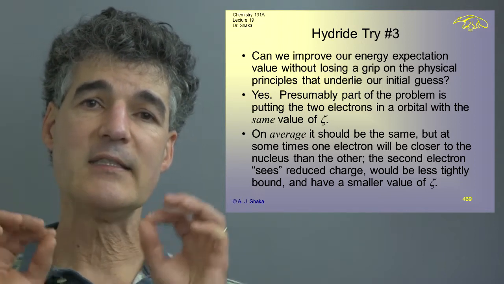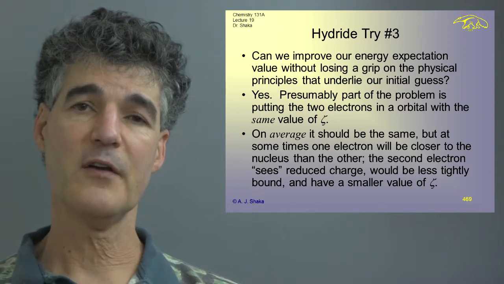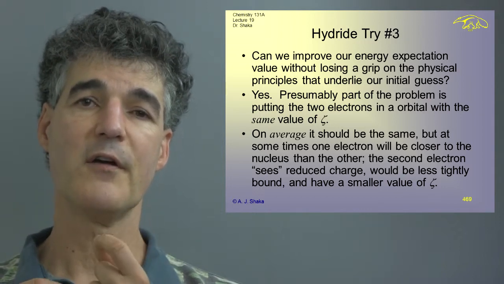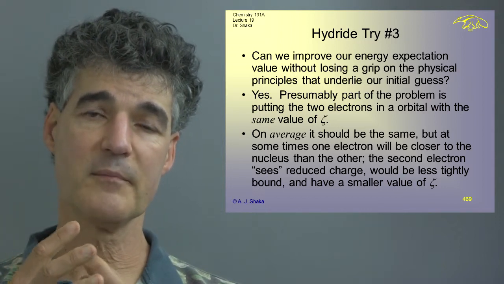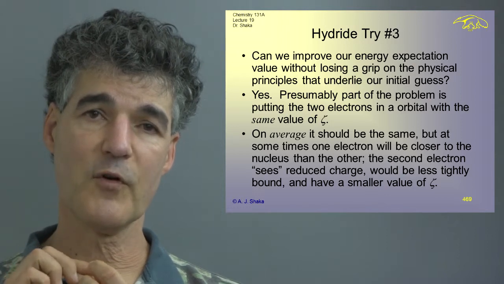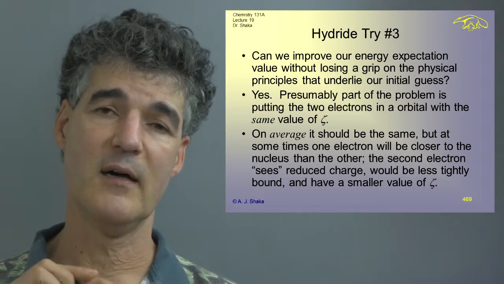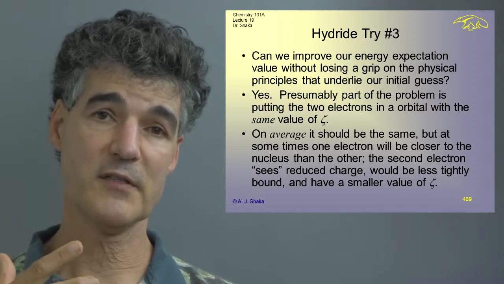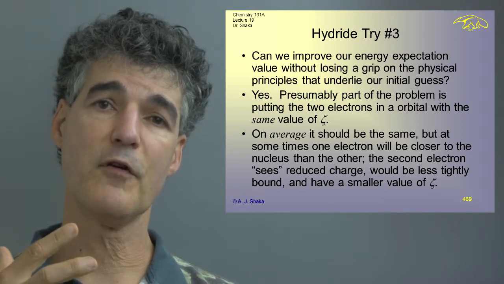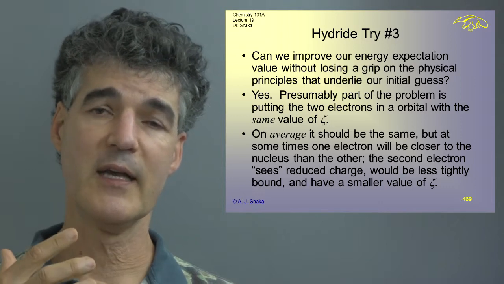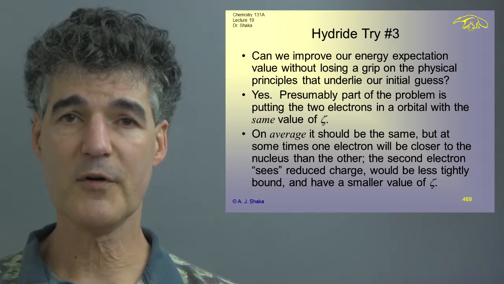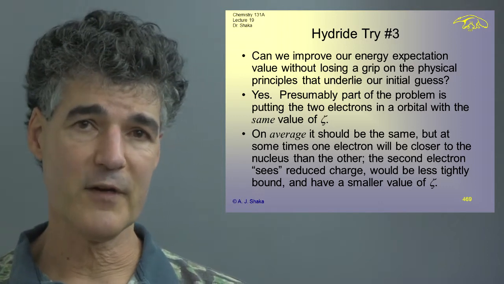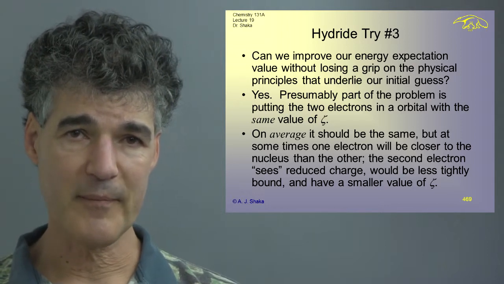But at any instant that might not be true, because suppose one electron is nearer to the nucleus than the other one, then this electron is more like a hydrogen atom electron, and this electron is kind of a funny one because most of the attractive force is temporarily shielded, and so it could in principle have a widely different exponent than the first one.